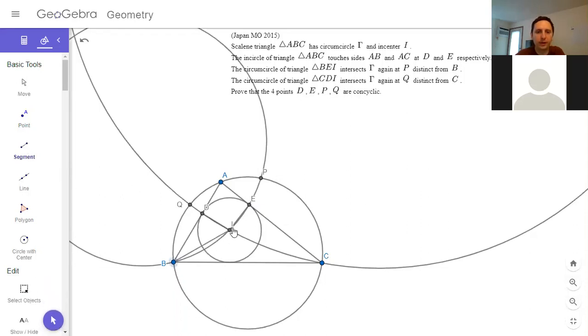So we should be able to calculate angle BIE and we can calculate angle CID. So PE and DQ are the radical axes, so let's see. Yeah, it might be a little tricky to use the radical axis theorem here.